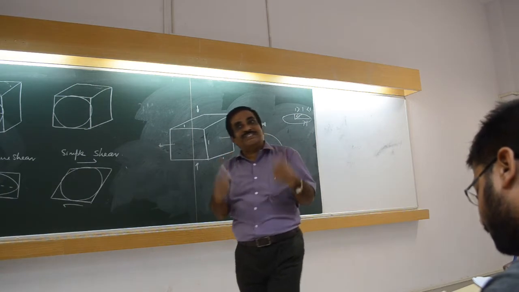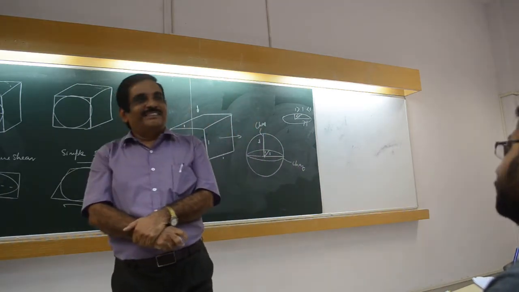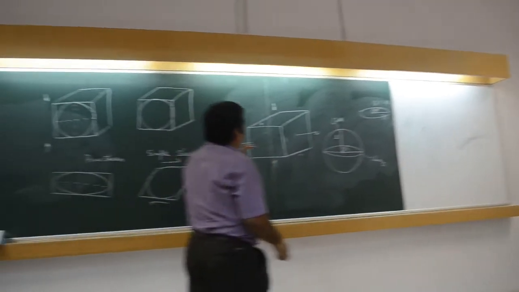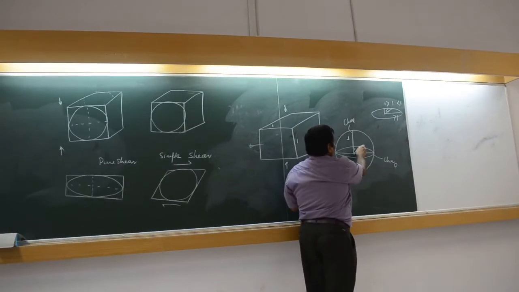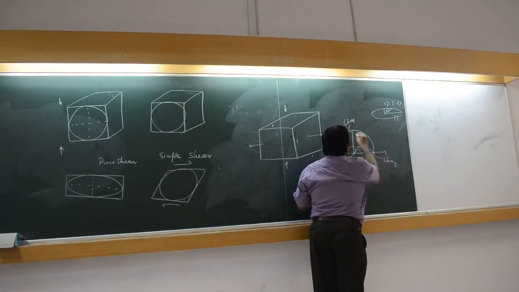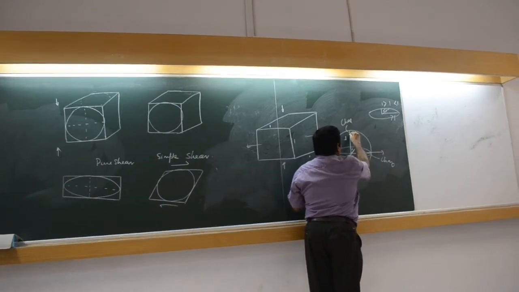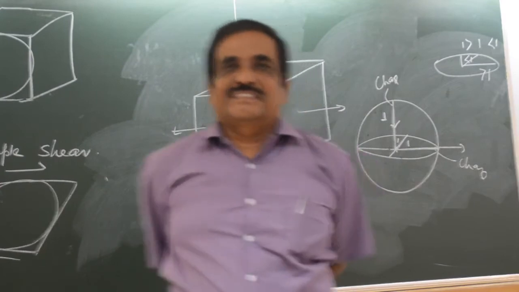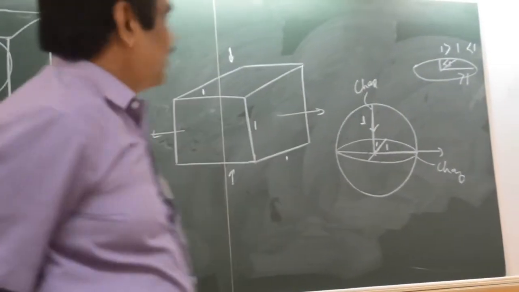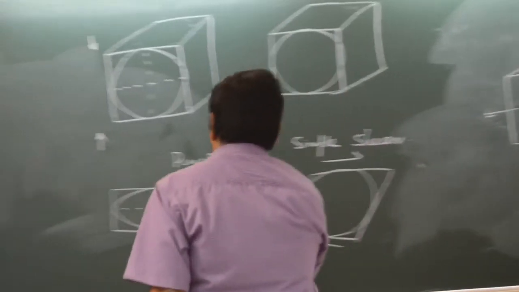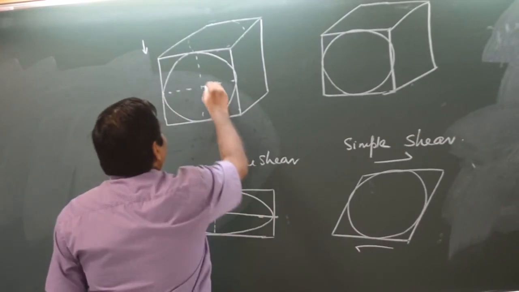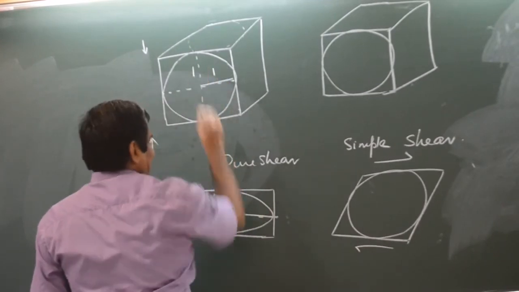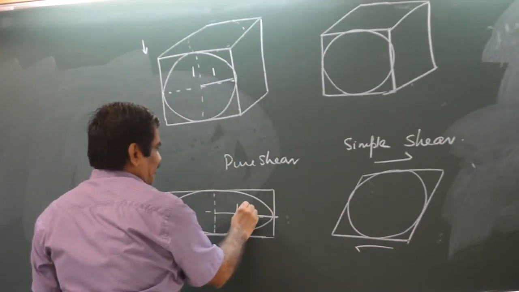So what type of situation am I putting before you? It is a situation where this sphere, this dimension remains 1, this dimension only grows, and whatever it grows, it comes inside. So this ellipse, if these dimensions are 1 and 1, let us make it 1.25.